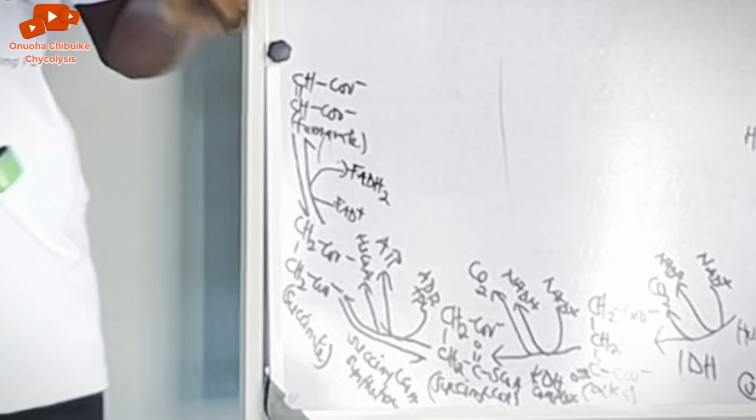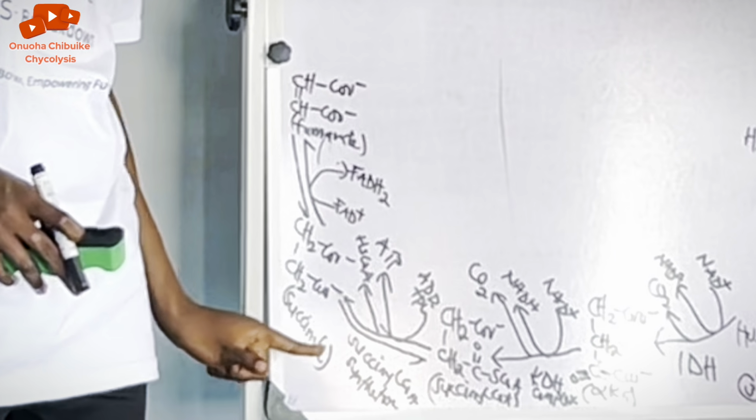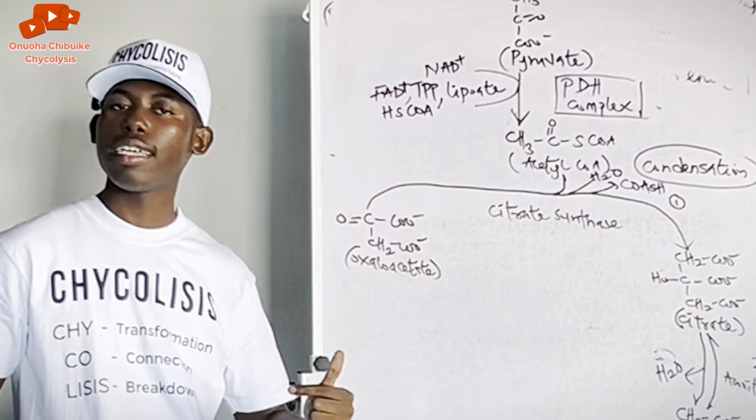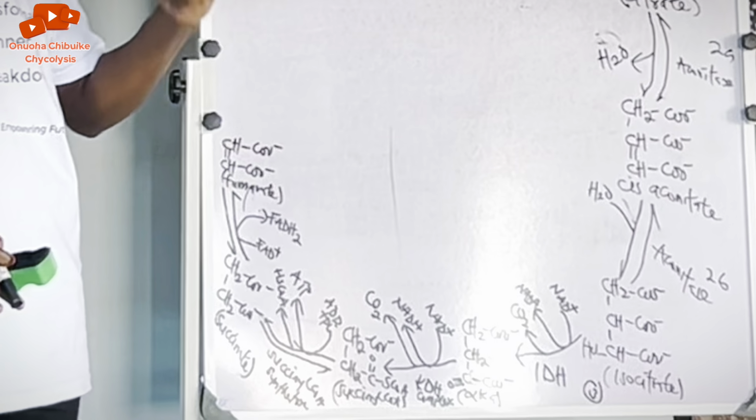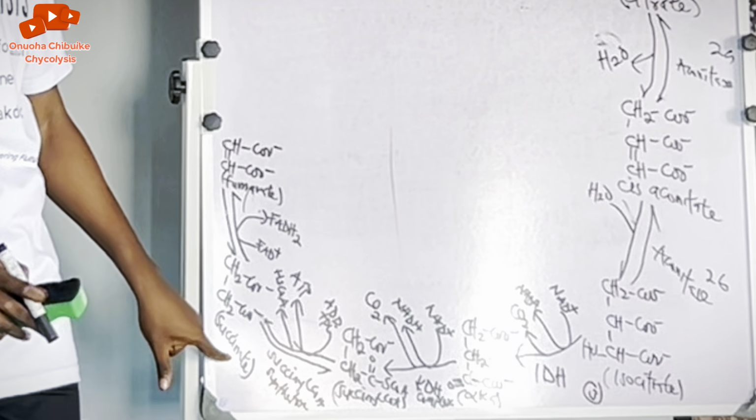Meanwhile, the intermediate formed between succinyl-CoA and succinate, we call it succinyl phosphate. So step 6 is the dehydrogenation of succinate to form what?